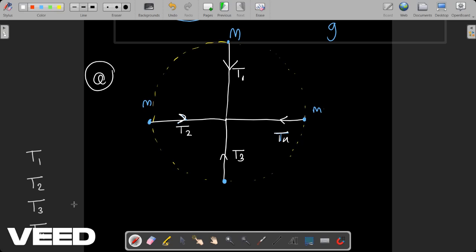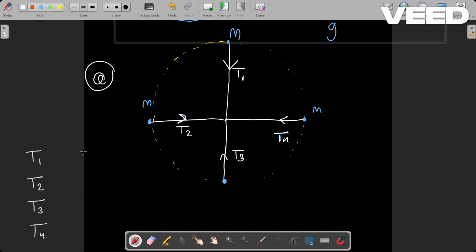And let's imagine it is being rotated at constant velocity.